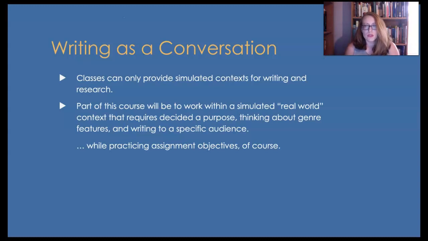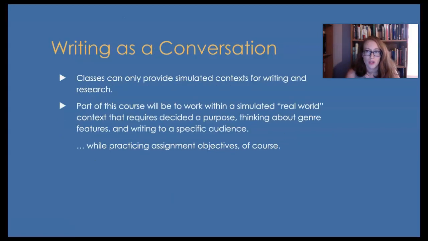You'll work with 2 different styles of writing that are academic genres. And in your final essay, the digital essay, you'll be asked to choose your own purpose, your own genre, your own audience, and everybody's essays will look wildly different because you'll have to think about what choices you need to make as the writer. So hopefully putting you into as realistic a situation as possible.